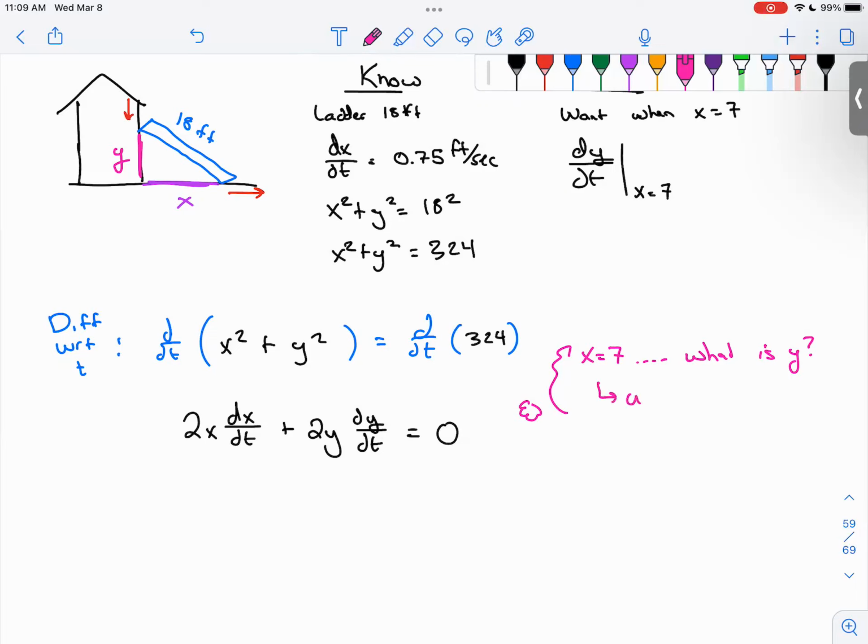So use Pythag. 7 squared plus y squared is equal to 18 squared. y squared will equal 18 squared, which was 324, minus 49, which is 275. So y is equal to the square root of 275. Technically there should be a plus or minus, but remember, we're dealing with an intrinsically positive idea of length, so we can't take the negative version.